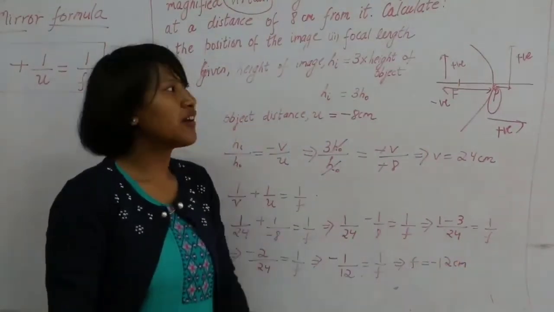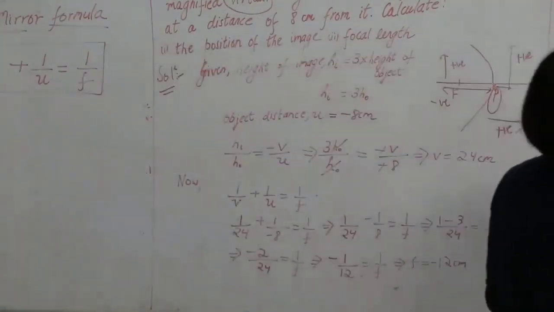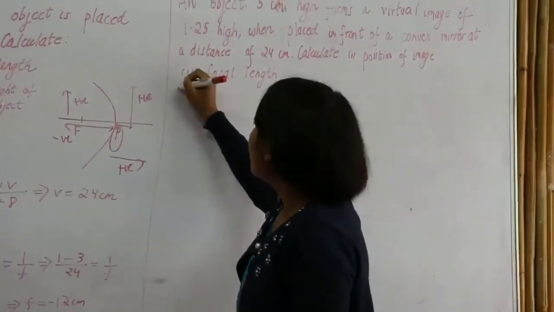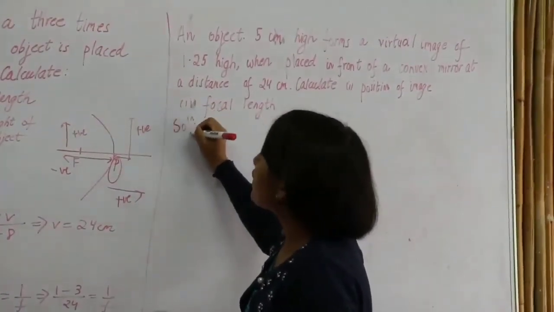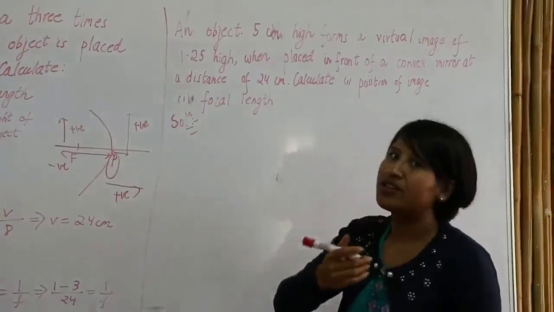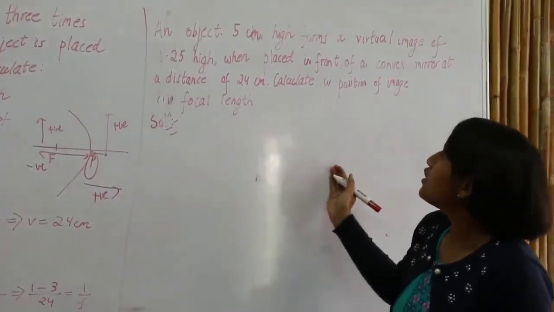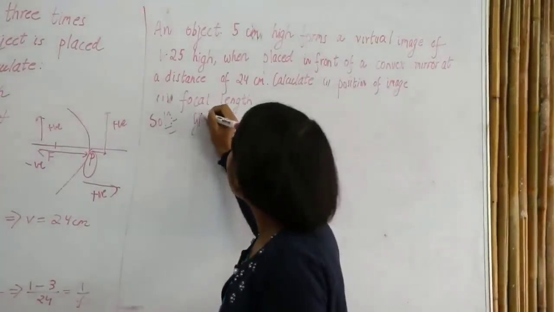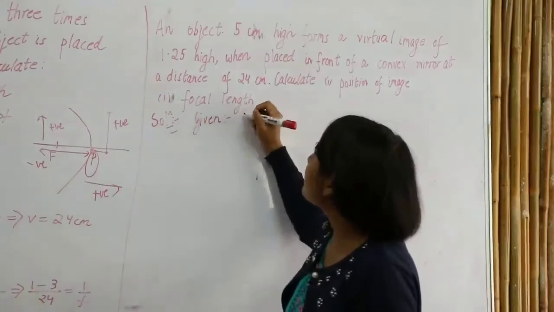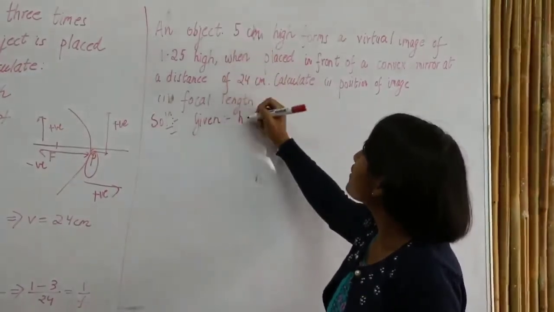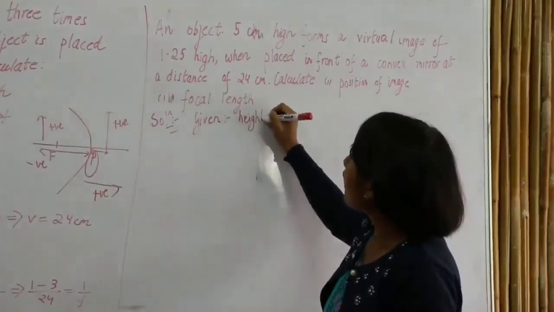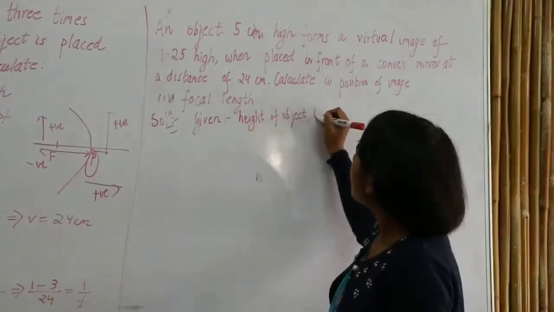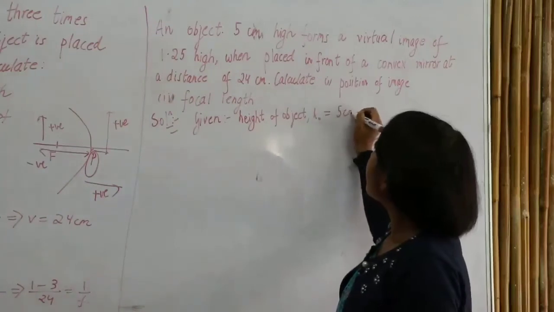Focal length. Now, for this next problem, it is for a convex mirror. The previous one was for a concave mirror, this is for a convex mirror. After reading the question, you note down what is given. An object 5 centimeter high, so the height of the object is 5 centimeter.